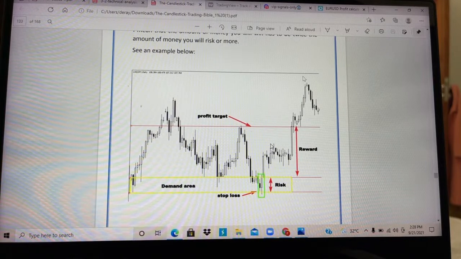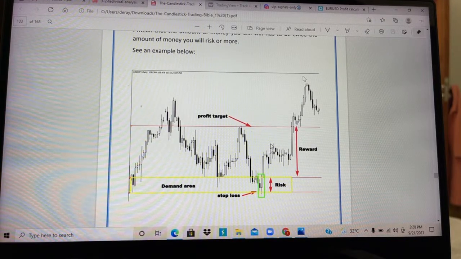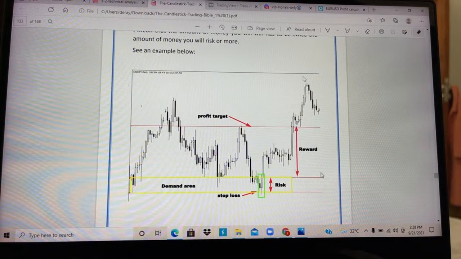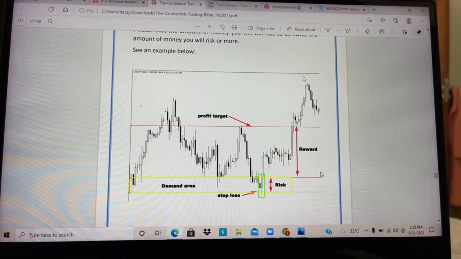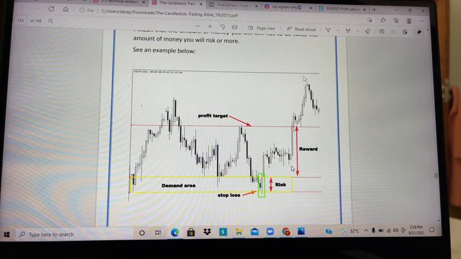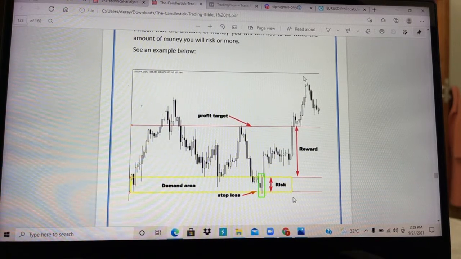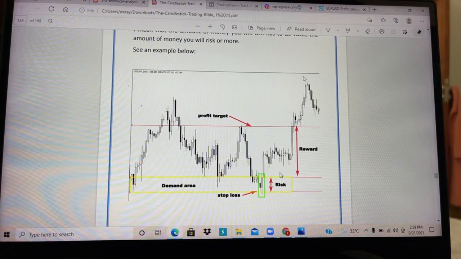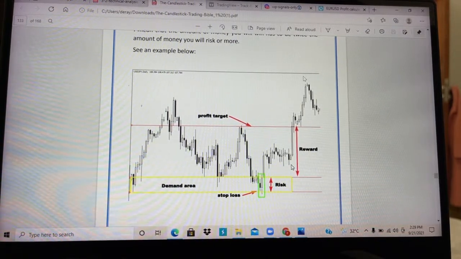So your money is always safe. It's like an insurance on your money. Once you put your stop loss in profit, you will always have your own money to trade.